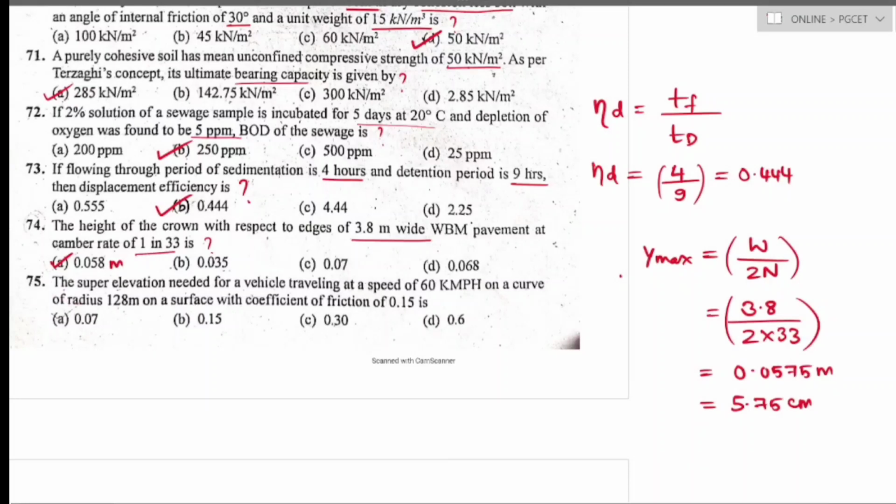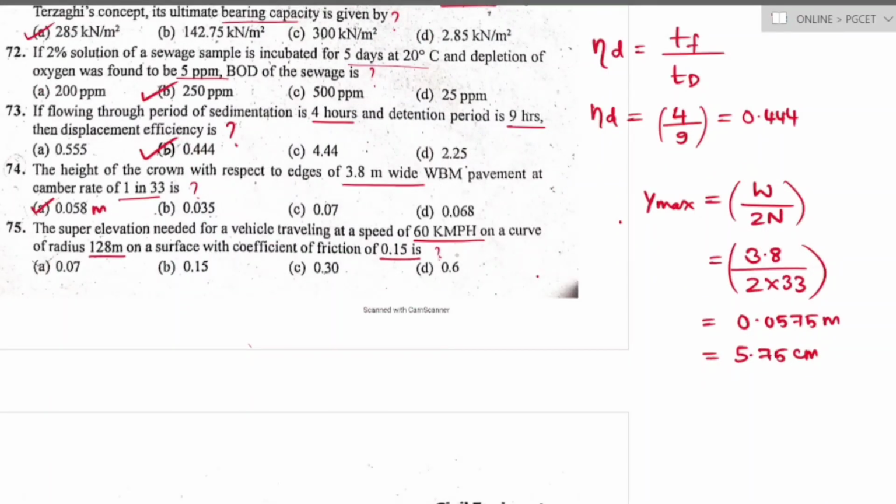Question number 75. The super elevation needed for a vehicle traveling at a speed of 60 kmph on a curve of radius 128 meter on a surface with a coefficient of friction 0.15 is. We have to find the super elevation.